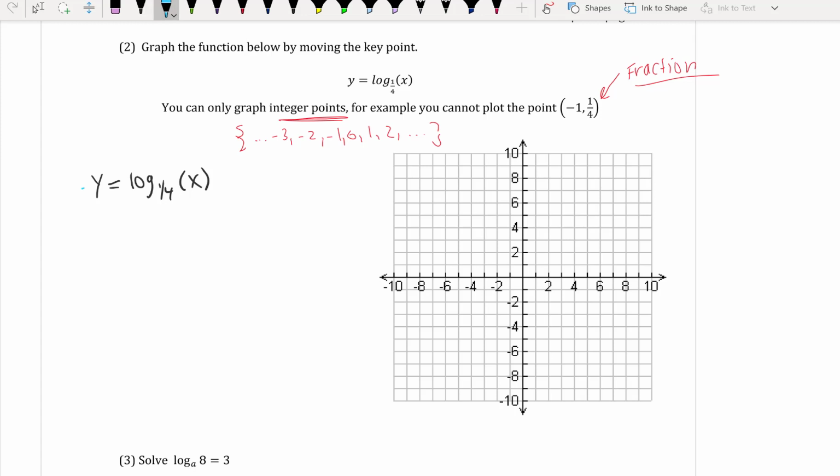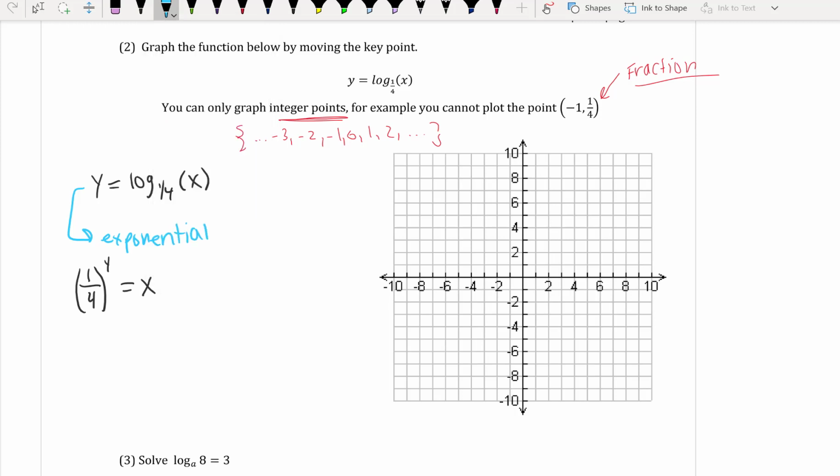So let's actually rewrite this as an exponential. That is going to help us. So if we were to rewrite this as an exponential, well, I would have my base as 1/4. That's the base. The exponent here is going to be the y, and it's going to equal x.